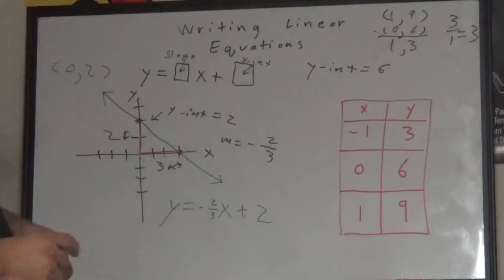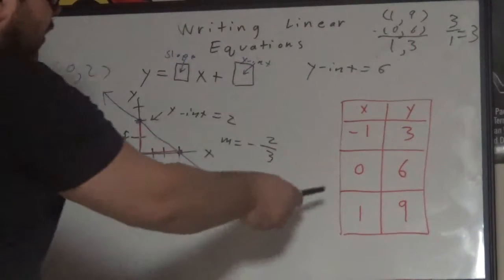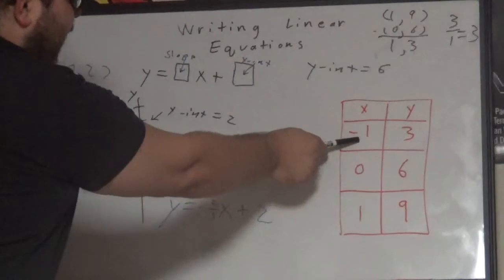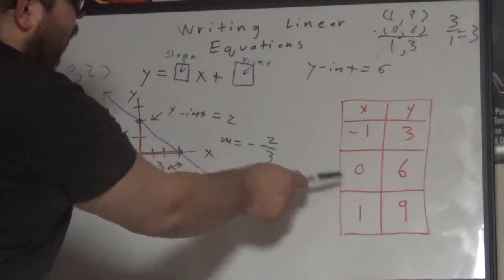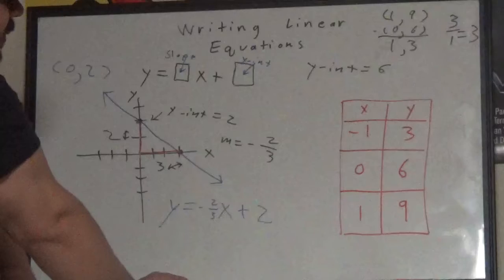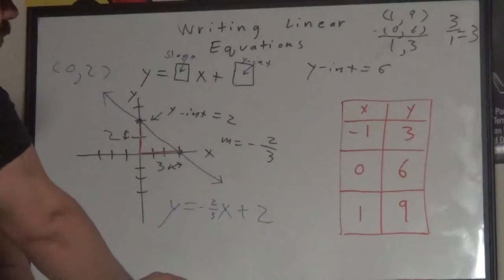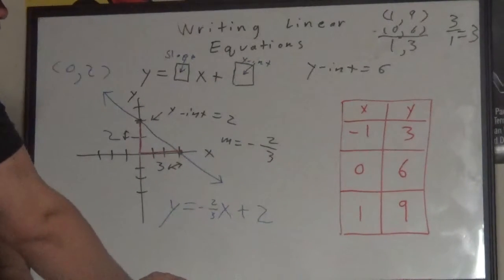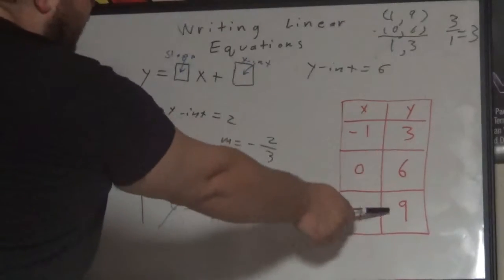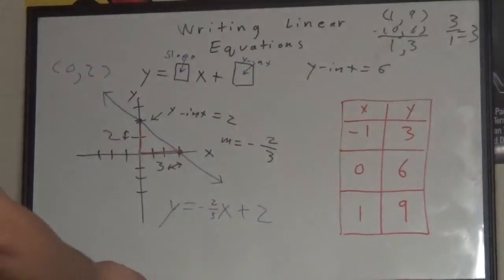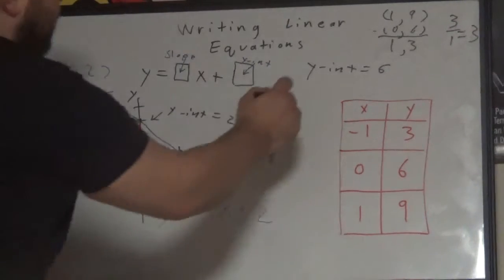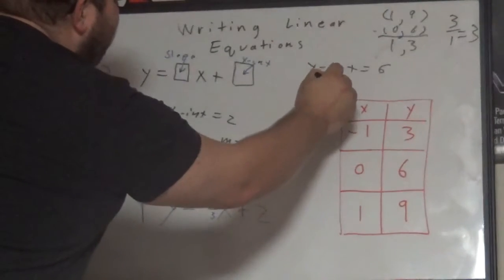Here it's a nice easy one to find because here we have negative 1, 0, 1. So the x's are increasing by 1 each time, and the y's are increasing by how much? Well, 9 minus 6, of course, is 3. So it's easy to find here that our slope is 3.